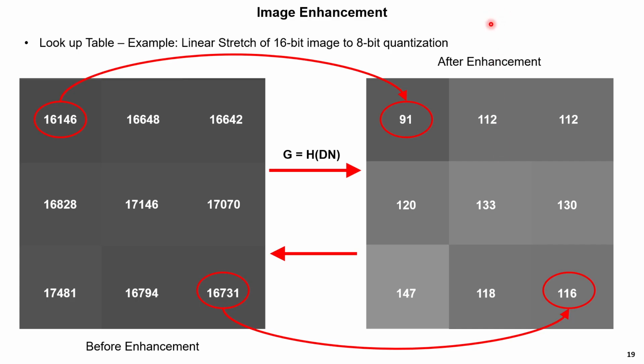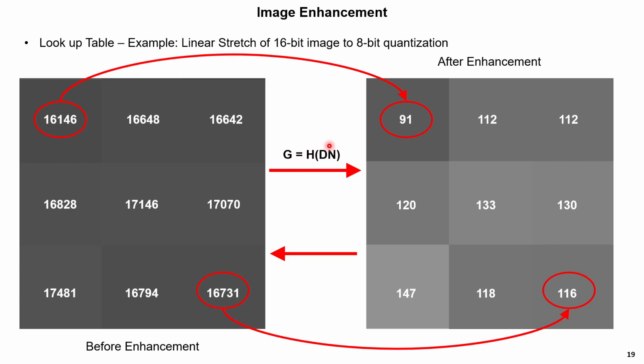So this is related to linear stretching. Before going to linear stretching, you should know what is meant by a lookup table. A lookup table is nothing but converting your actual DN values, which are at one quantization level, to some other value at a different quantization level, to reduce the range of the values and to have better visualization through some function.